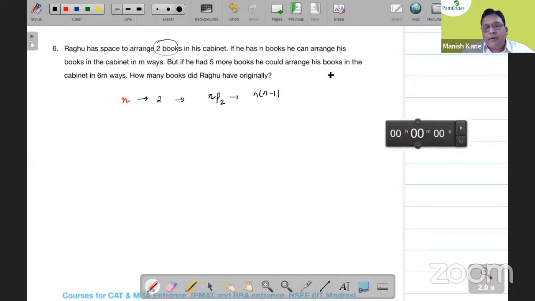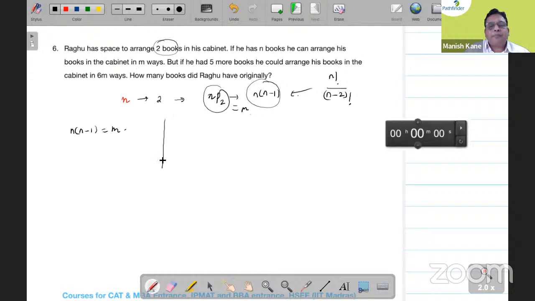See, nP2 is factorial n upon factorial n minus 2, which basically results in n into n minus 1. Now you're told that if he has n books, he can arrange his cabinet in m ways. So basically nP2 is equal to m, or n into n minus 1 is equal to m.